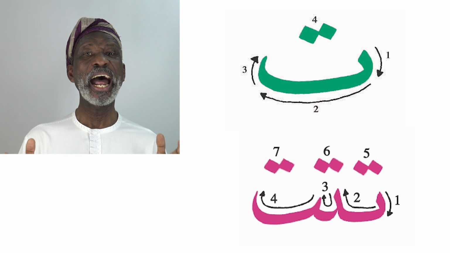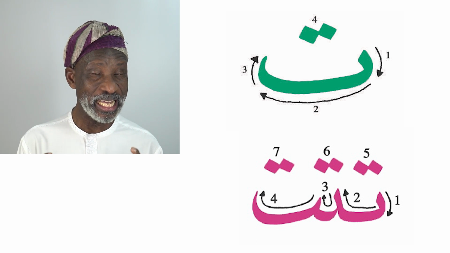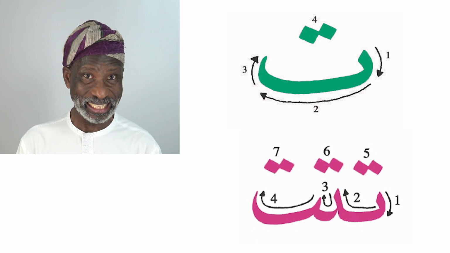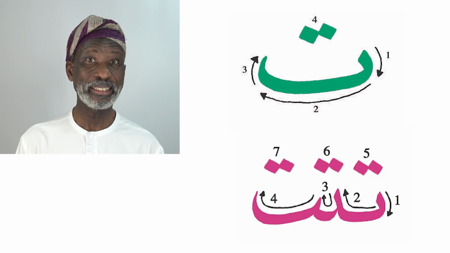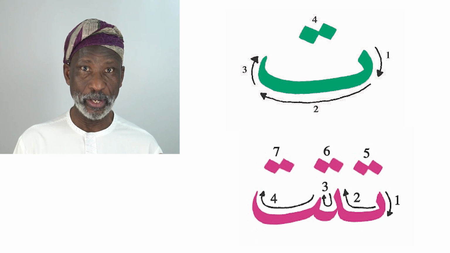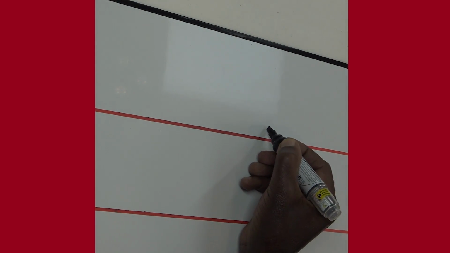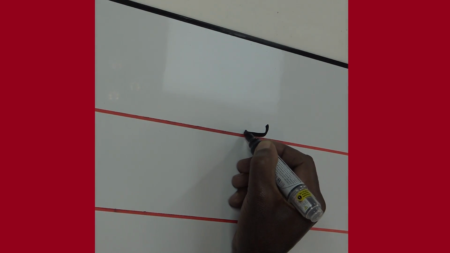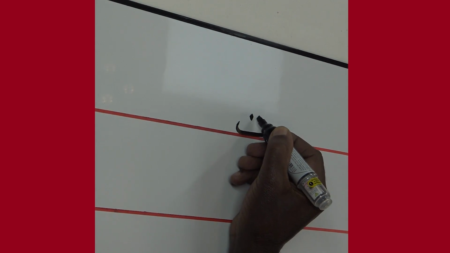Have a look at my hand writing this for you. Pay attention to the relation between the letter and the line, where the letter is sitting, whether they're sitting above or below, as you will see. Here we go. Letter Ta is identical to the way we wrote letter ba, except that you put 2 dots on top.